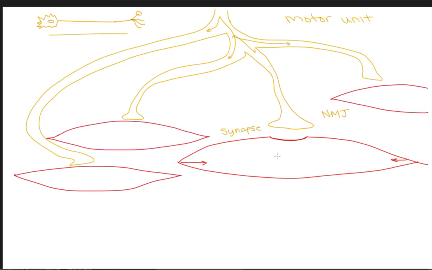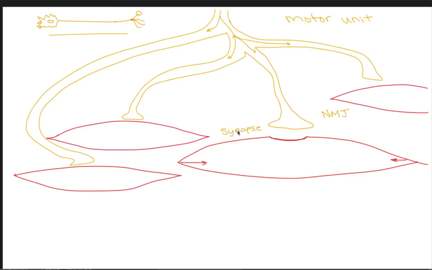So all 4 of these guys are going to contract together when this one neuron sends the signal. And in that way, in the big motor units of your legs, you can have one neuron firing and sending the signal to contract, and all thousands of muscle fiber cells will contract at the same time.